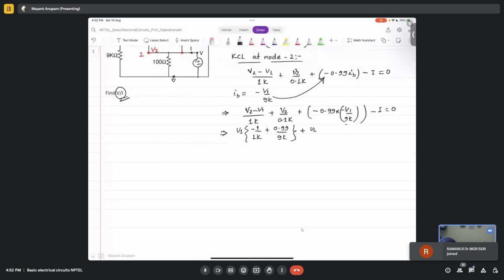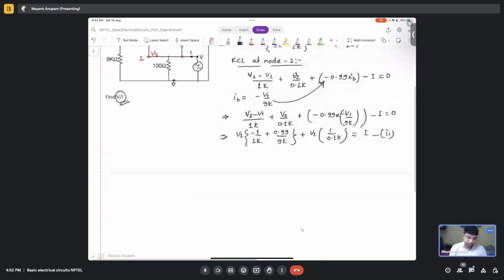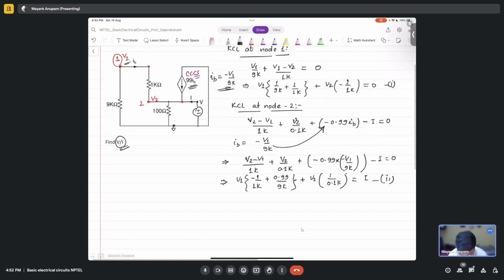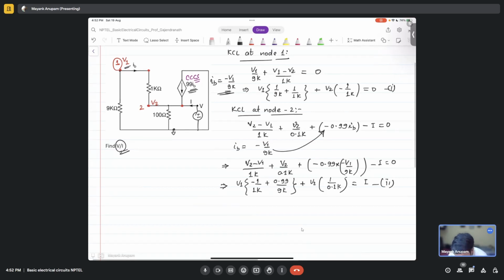And plus V2 into 1 over 0.1k is equal to I, right? This is our second equation, correct?